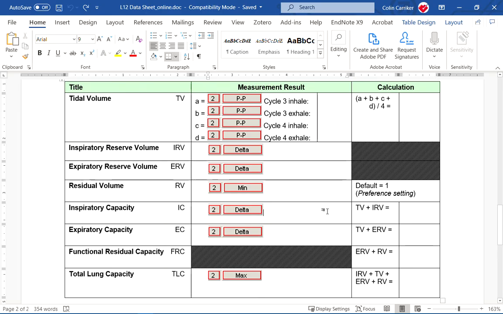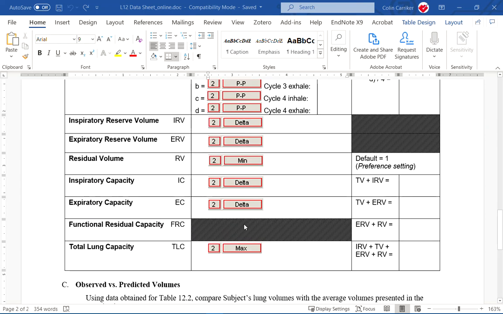They may not be identical because we're using different values, but we could go and we would just calculate the values based on adding tidal volume, expiratory reserve, and residual volume to get our value for total lung capacity.